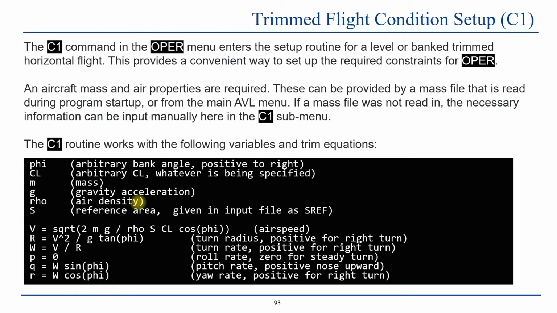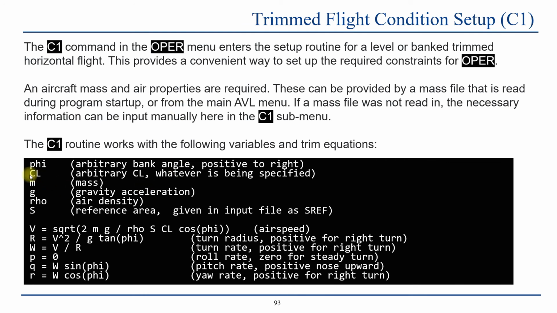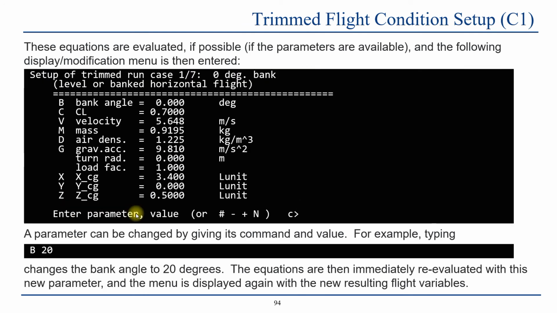Once you input that information into the C1 menu, if everything is properly set up, you will see these parameters. These parameters are for level or banked horizontal flight.